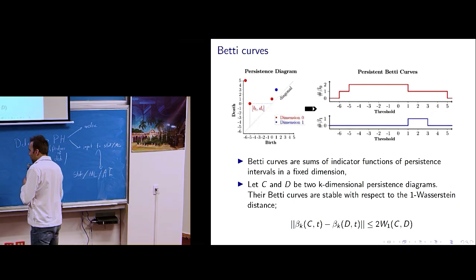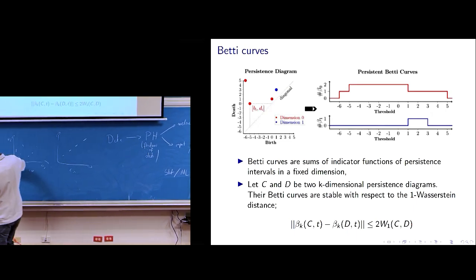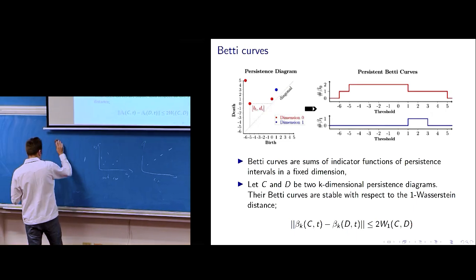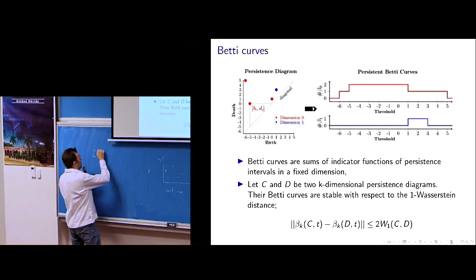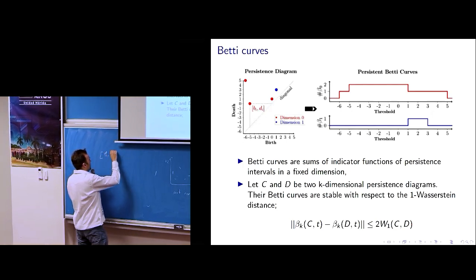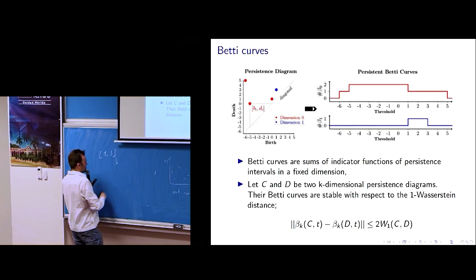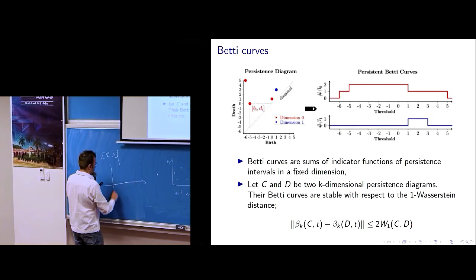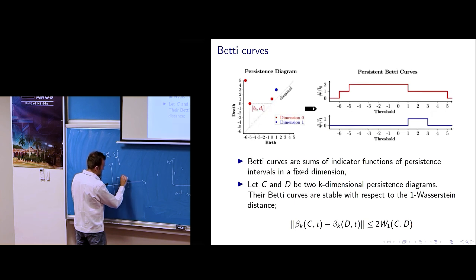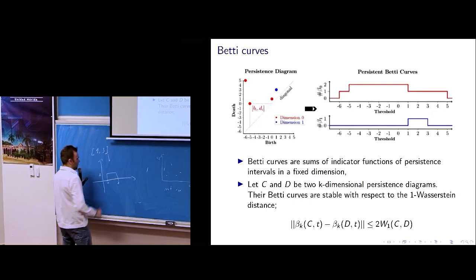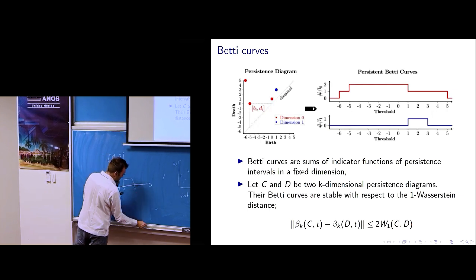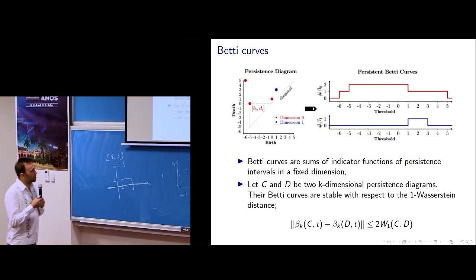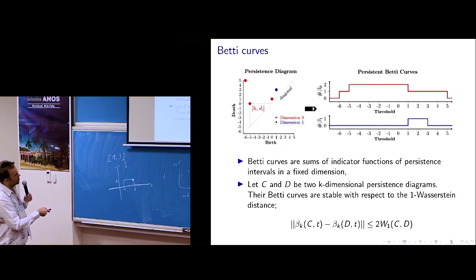So that diagram was a single point. If we look at this persistence bar of 1 and 3, we can associate a step function, which has the value 1 on this interval, and everywhere else has the value 0. So that's the step function corresponding to this diagram.